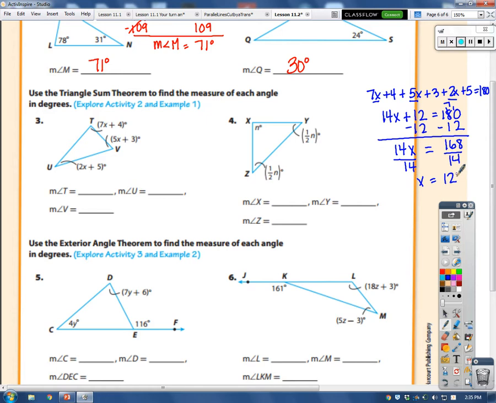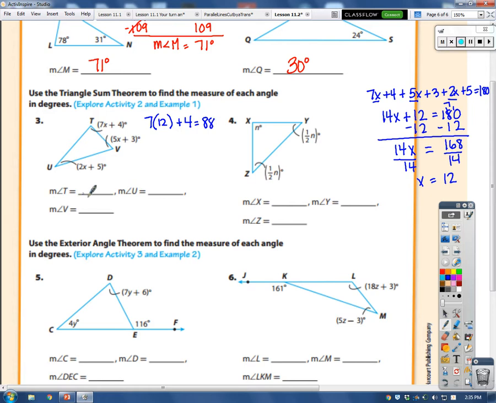Okay, so now we have the value of x. So we need to plug that back into each one of these equations. So if I've got 7 times 12 plus 4. 7 times 12 is 84, plus 4 is 88. Okay, so that would be this angle measure here.